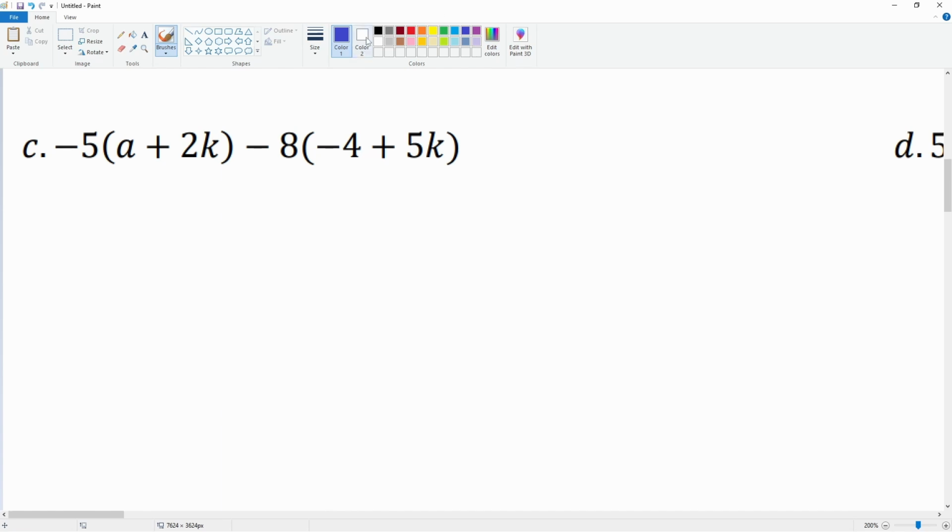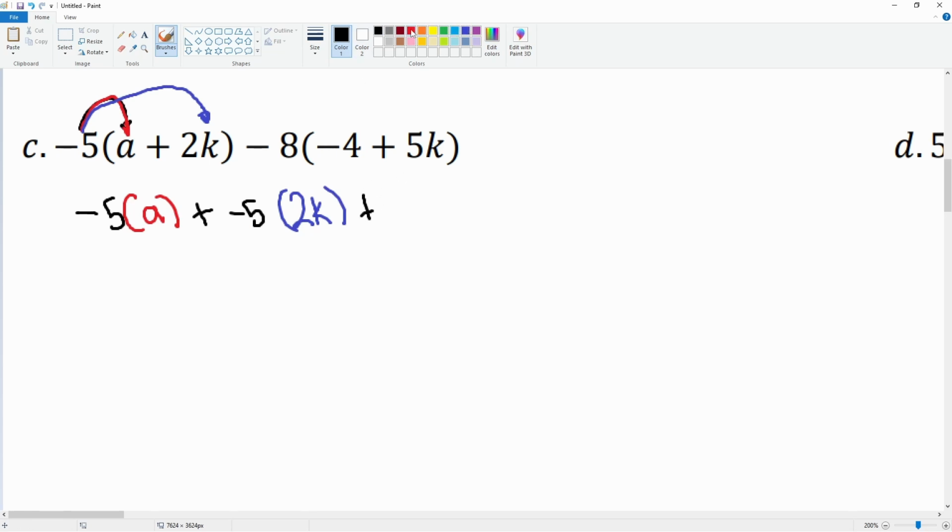We have to still distribute here. So -5 times a. Let's put that in red. -5 times a. Here's the a. Here's the -5 that's going to be multiplied to it. Bring down the addition symbol. -5 times 2k. Here's the 2k in the parentheses, and there is a -5 that's multiplied to it. Then you have a plus symbol here.